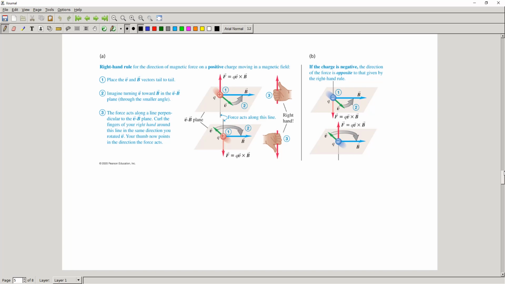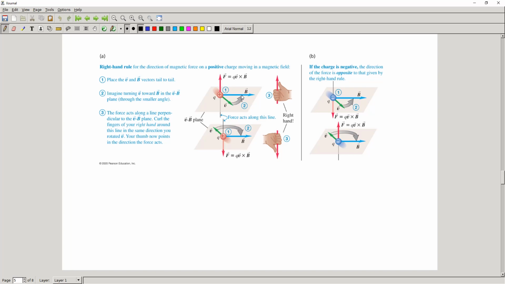The way that this works is you want to identify where your V vector and your B vector are. Make your hand like in a straight line, as though you're almost going to karate chop the table, and you lay it on top of the V vector, and then you curl your fingers. This is your right hand that you're doing this with.